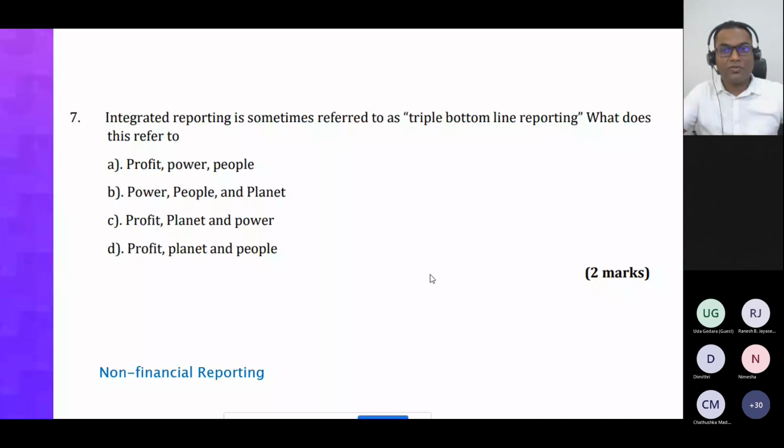What you focus on is not the profit, but creating value by doing the business. It identifies, not relevant to this question but important for the examination, how many types of capitals? 6 types of capitals, right? So what are the 6 types of capital identified in integrated reporting? I'll tell you an easy way to remember. Shin FM. What is that?